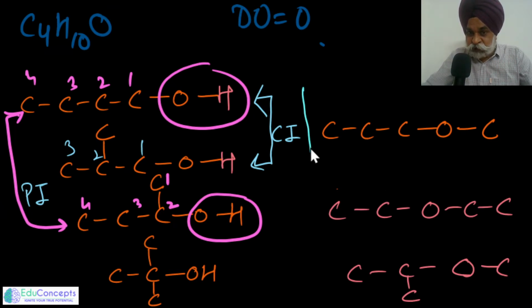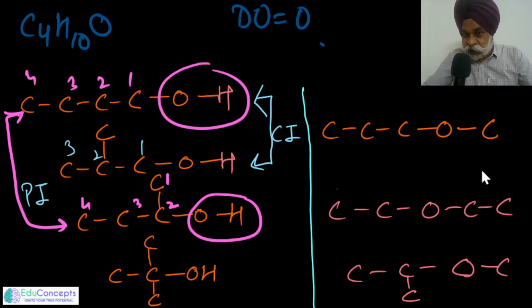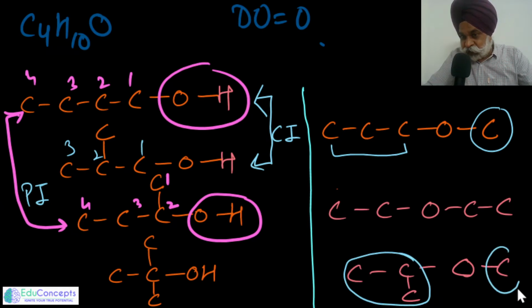Very soon we will also see that here you have methyl and propyl, here it becomes isopropyl and methyl, and all these 3 are metamers of each other. Which classification each falls under is the understanding we have to develop.